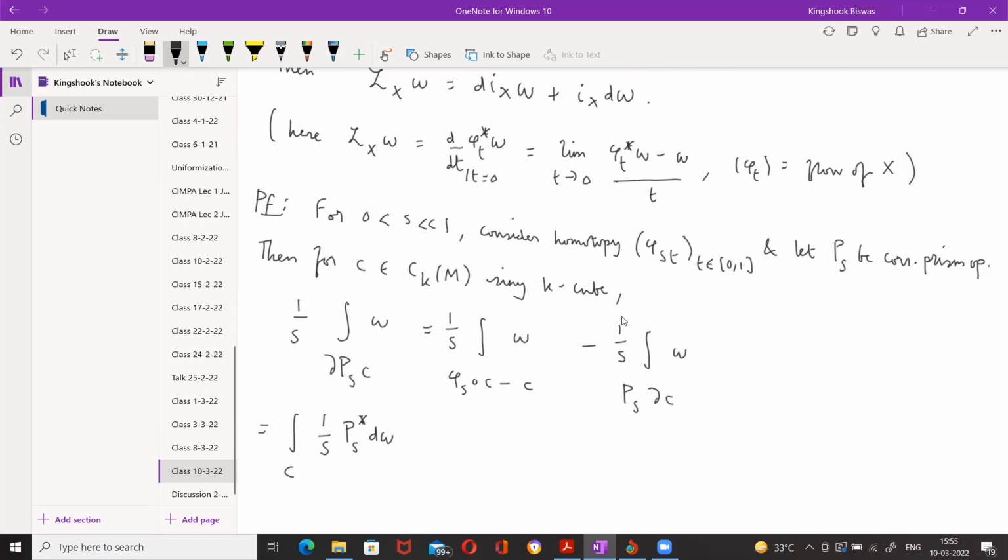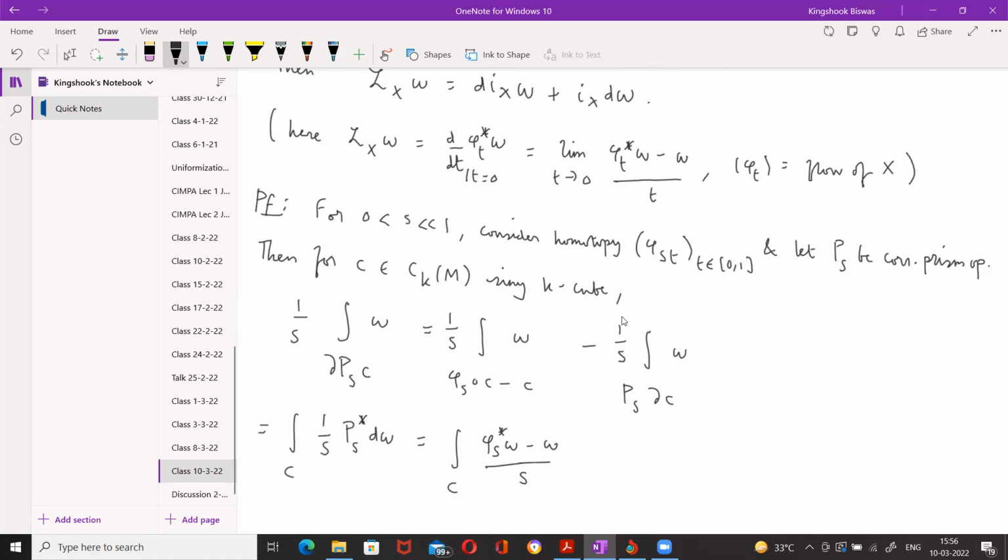And now here, this integral of omega over phi_s composed with c will be what? I have to pull back by phi_s composed with c. So that's the same as pulling back first by phi_s star and then by c star. So that's the same as the integral over c of phi_s star omega. So this I can write as the integral over c of (phi_s star omega minus omega) over s, right?